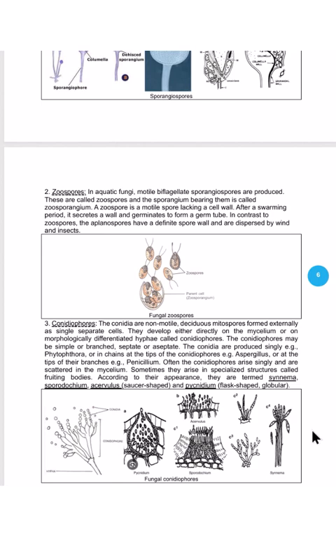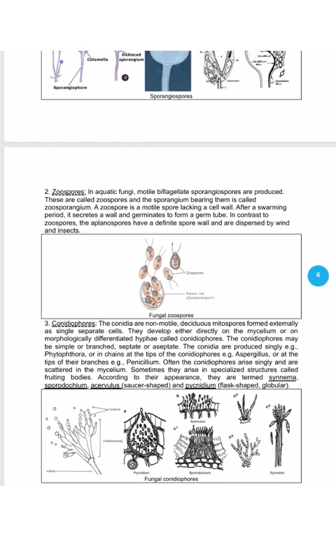So they have different types of shapes. This is the hypha, and the conidia are the spores, and the body that carries the conidia we call conidiophores. So this is how the fungi produce spores to reproduce asexually.